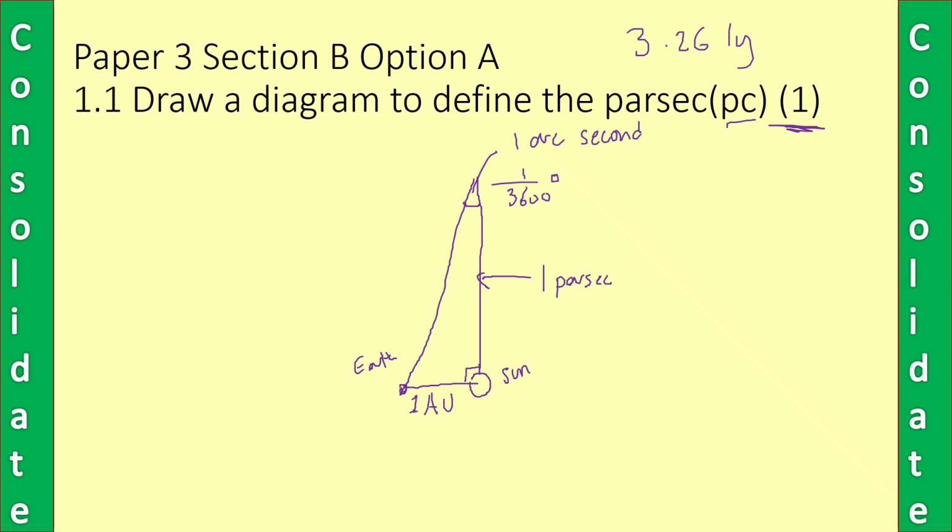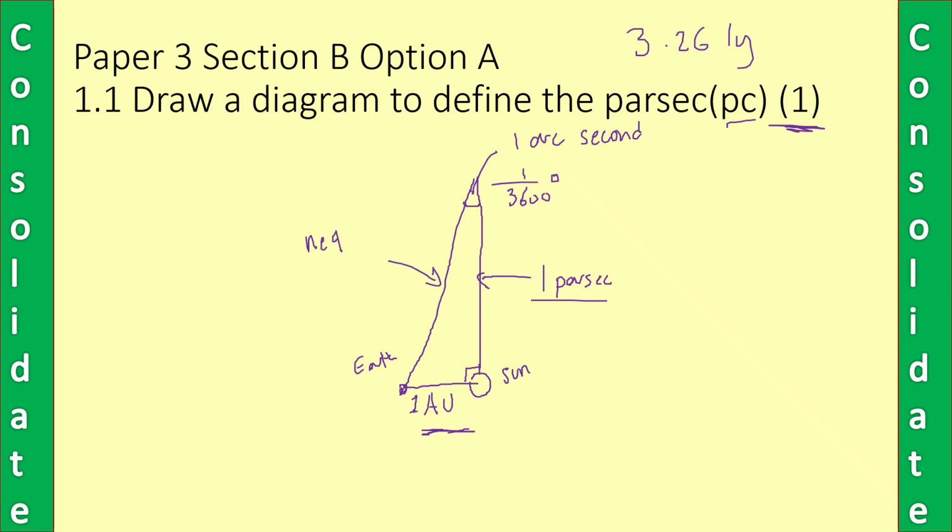Now, in practical terms, this angle is so small that the length of the adjacent and the hypotenuse are so big compared to the length of the opposite, the 1 AU, that essentially for most purposes the difference between the adjacent and the hypotenuse is negligible.